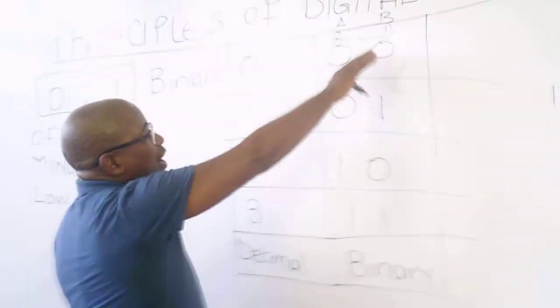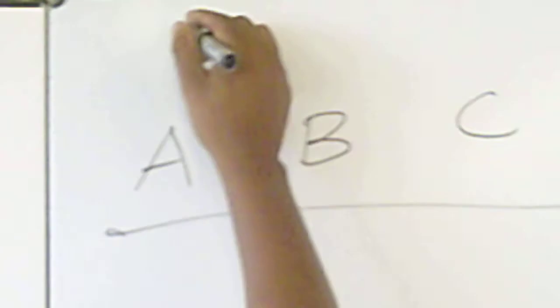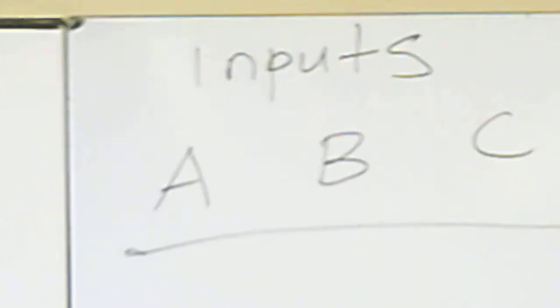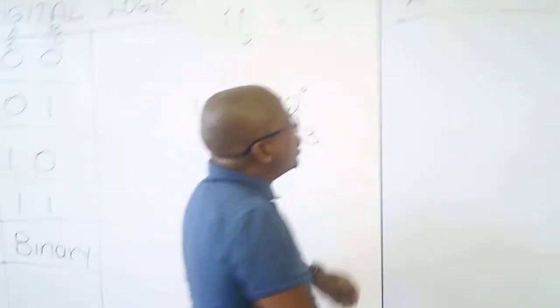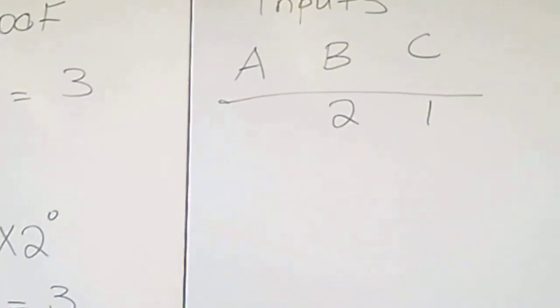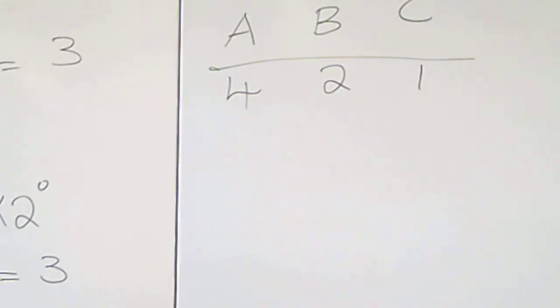We can have a number of inputs. Let's say we can have A, B, and C. These are our inputs. Remember I said that these are multiples of 2. So if I put a 1 here, I multiply by 2, I'll get a 2. 2 multiplied by 2 is a 4.